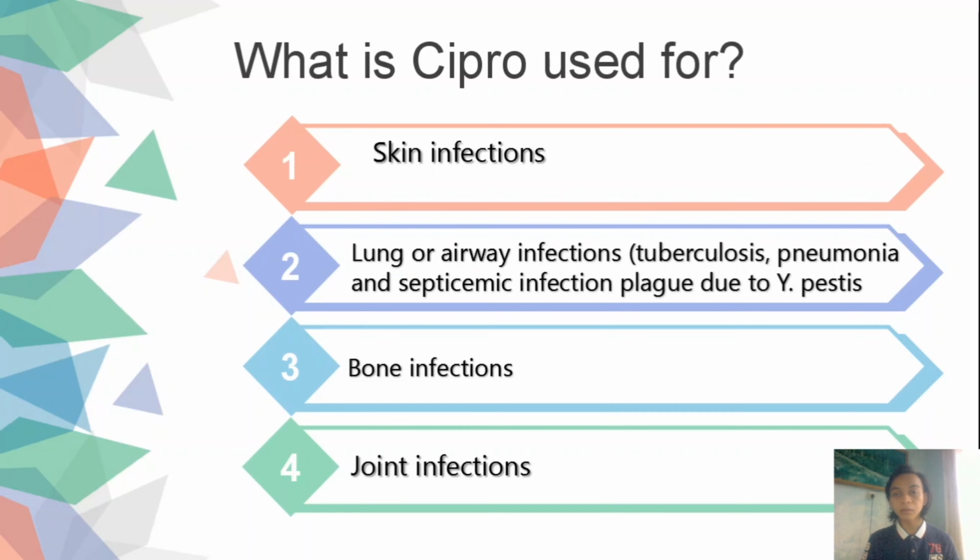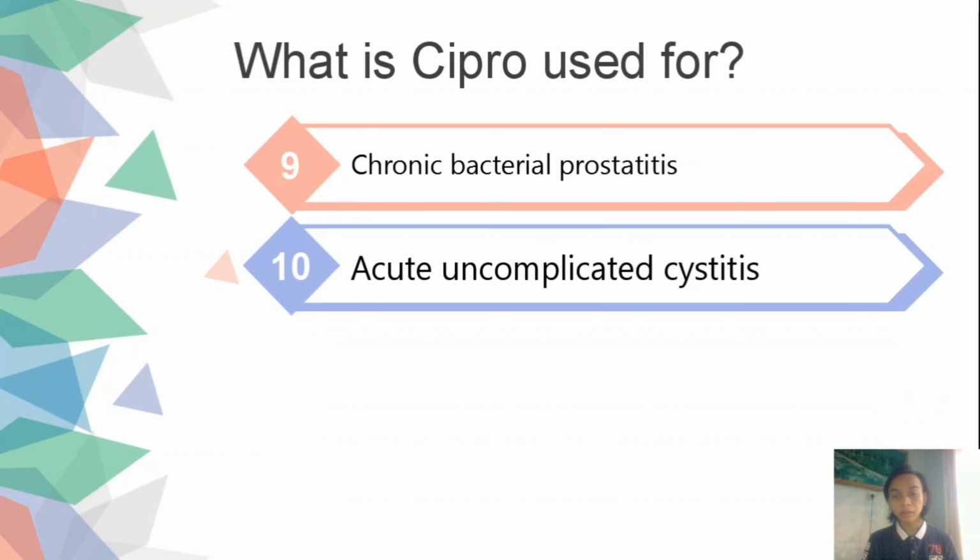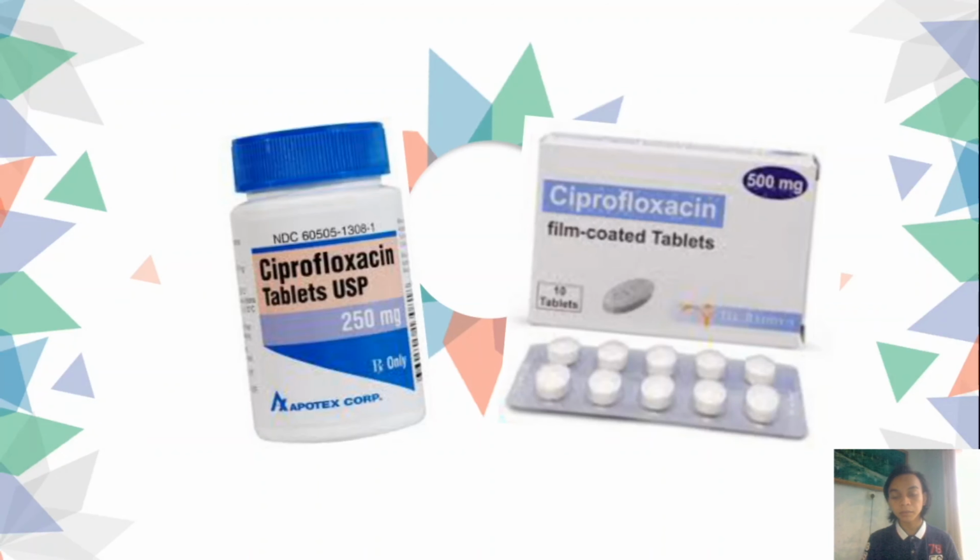Cipro is used for many bacterial infections like skin infections, lung or airway infections, bone infections, joint infections, infectious diarrhea, typhoid fever which is caused by salmonella, cervical and urethral gonorrhea, chronic bacterial prostatitis, and acute uncomplicated cystitis. This is the picture for ciprofloxacin.